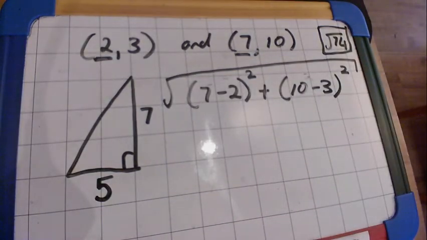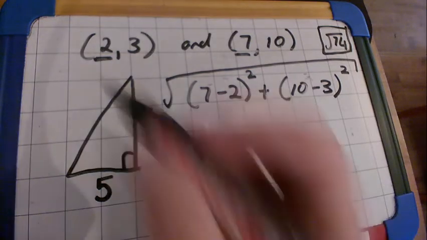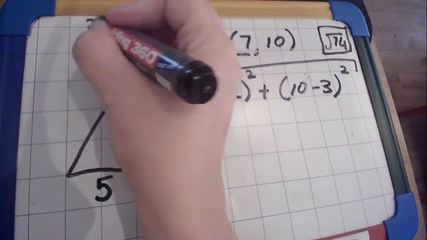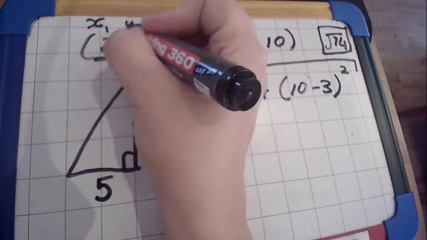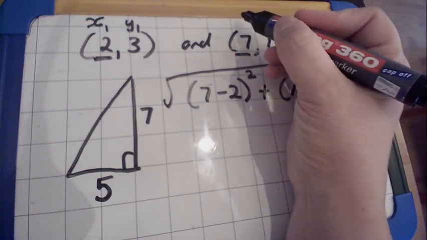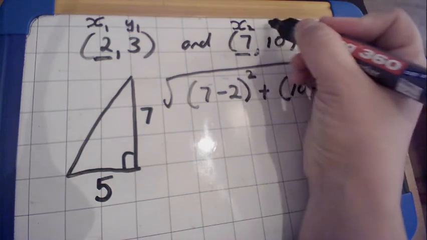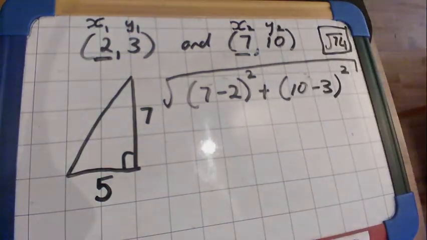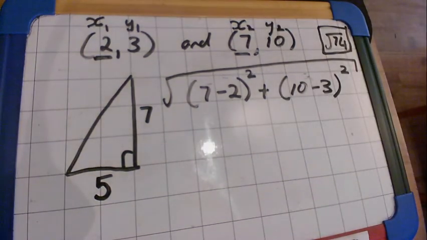So how do I make this into a formula? Well, in maths, we use subscript to denote different points. So this point here is x1, y1. This point here is x2, y2. And I'm going to use those 2 points to find a formula. So what did I do?